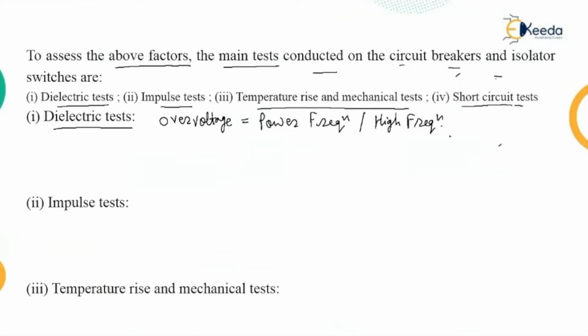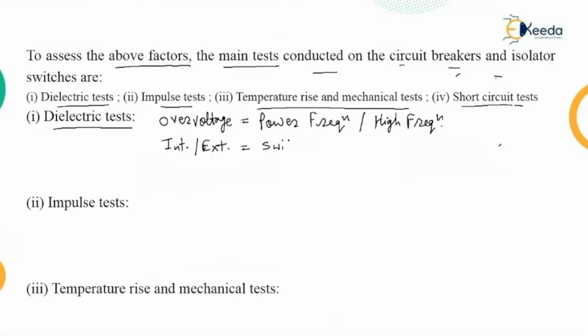Tests are done for both internal and external insulation, with the switch, or the switch is nothing but the isolator, or circuit breaker, in both open and closed condition.